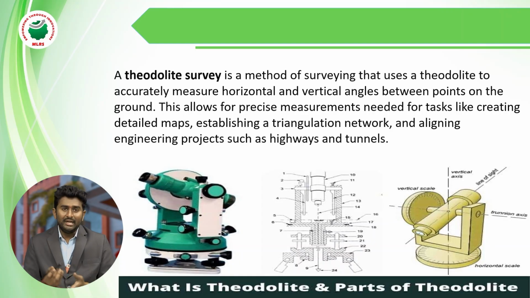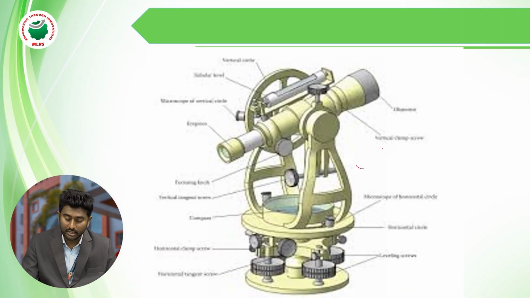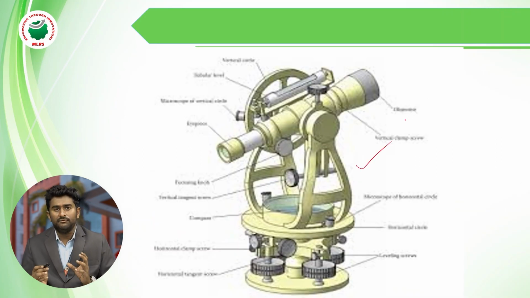Next, coming to theodolite surveying. Which survey is used to determine horizontal angles and vertical angles using the theodolite? That survey is known as theodolite surveying. This is the theodolite figure. Next, the theodolite parts: telescope, eye vane, eyepiece, objective vane, spirit bubble, used for leveling the instrument when fixed on the tripod stand.